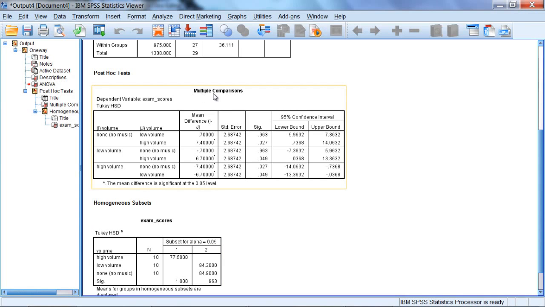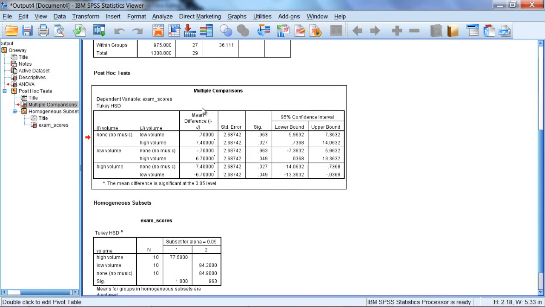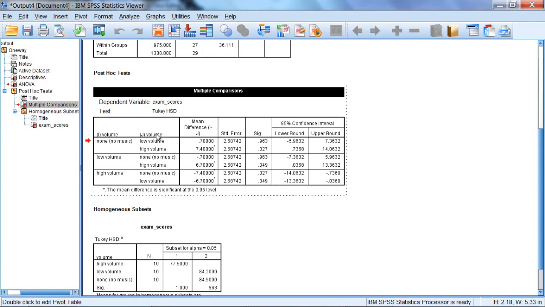So let's start with our multiple comparisons result. Here, the way this is organized is that we have our pairs organized from left to right. For example, this first test is none versus low volume. If we scroll over, we can zero in on this column. These are the p-values.